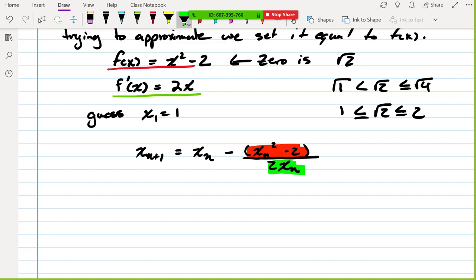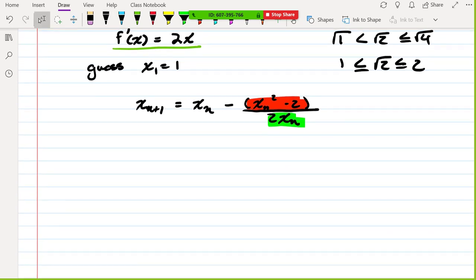So now we could do these manually by plugging some things in. So if I guessed x equals 1, so if I use n equals 1 to plug into my sequence here, then this n and this n and this n and this n are going to be replaced with 1.